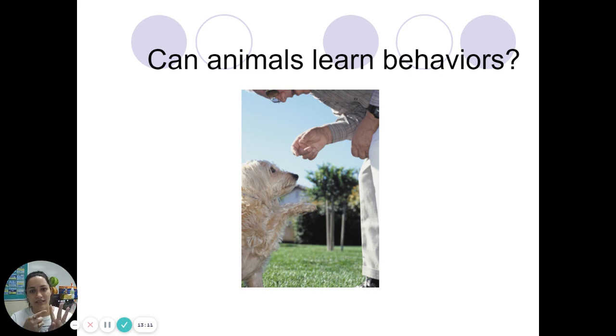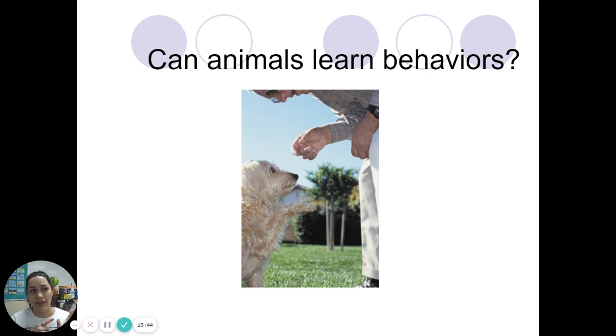She knows how to sit, lie down, shake, touch an object if I tell her to, and we tried to work on the roll over, but she didn't get it quite that well. So she knows, I'm going to say 4 tricks, okay? Now, do you think she just knew how to do those things, or did I probably teach her? Yeah, I taught her how to do those things, okay? I use treats.